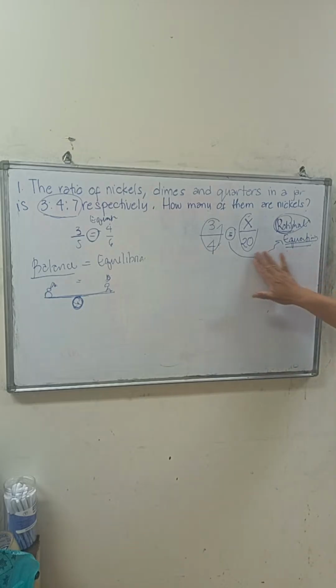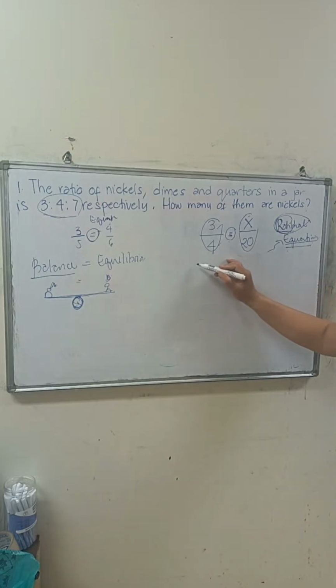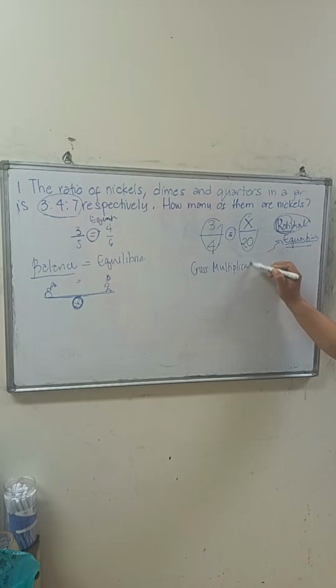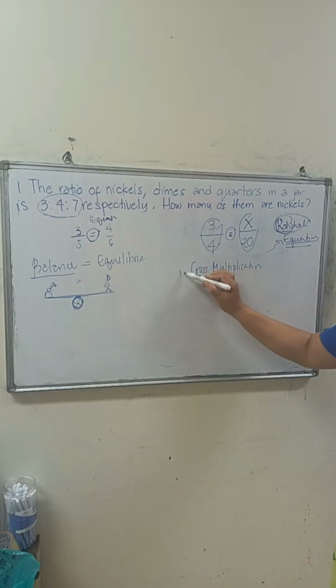Or things like that. Okay. If we try to undergo the topic of rational equation, the best technique to solve for x is the cross multiplication. Remember this. Now, what is the limitation of cross multiplication?